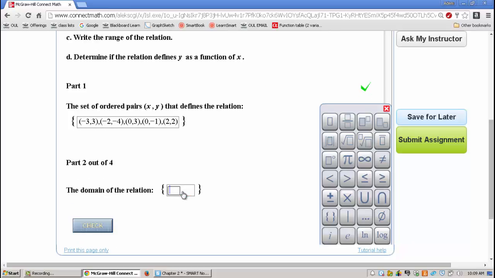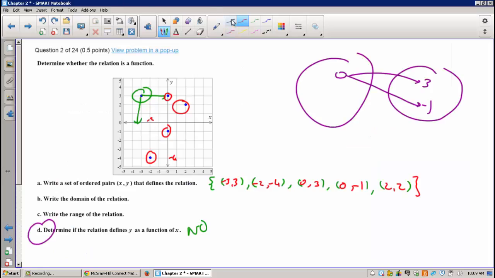Now here comes the domain. There are two ways you can do this. Either use part A and only pick up the values showing up in the first components: negative 3, negative 2, 0, 0, 2. Or use the dots again, and see where they fall on the x-axis.